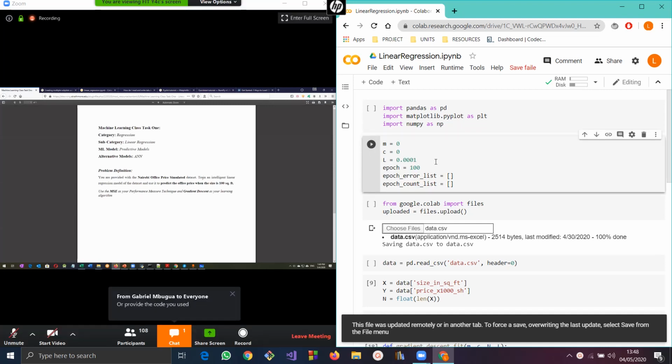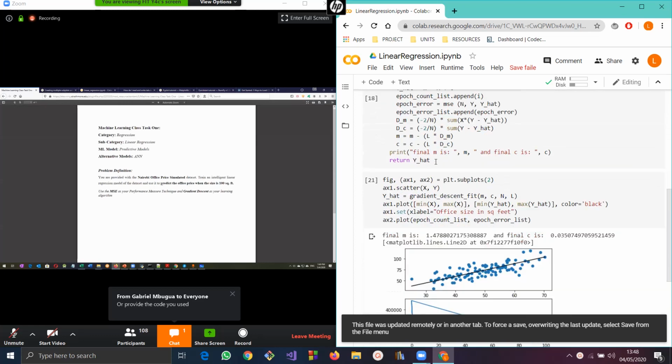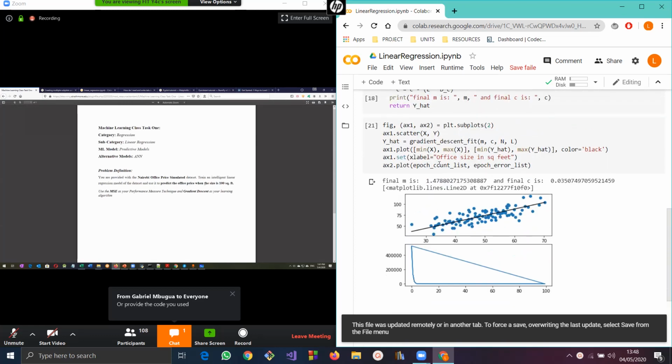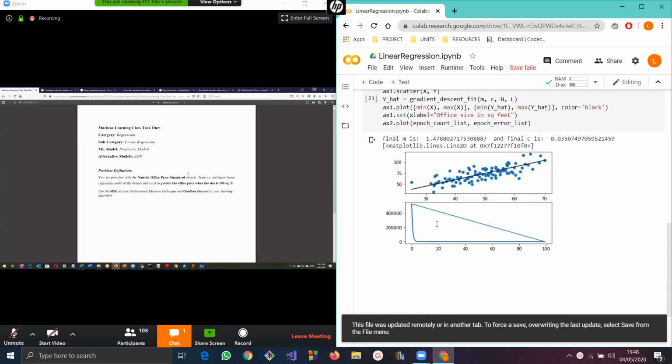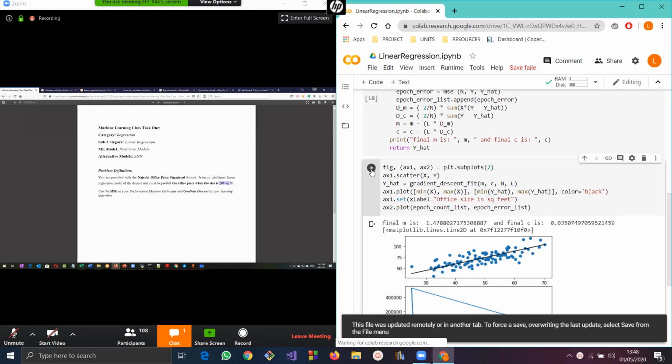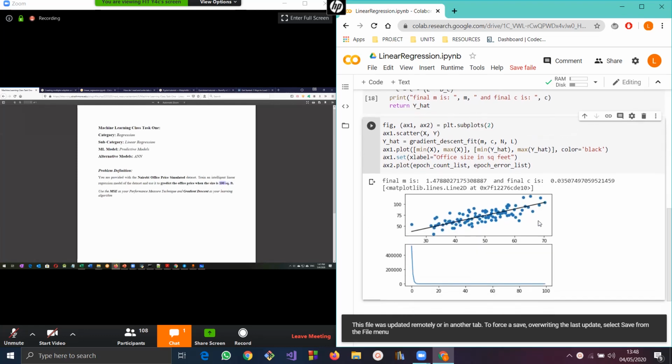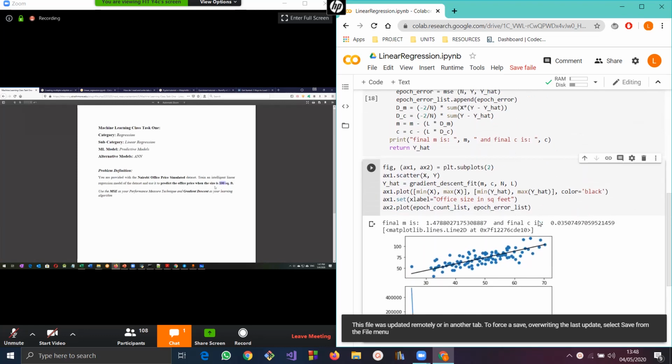Good. So train an intelligence and so on. Predict the office price when the size is 100 square feet. So someone tell me how do we go about this? Okay. So now we have the line of best fit. How do we now predict? Now this is the main reason why we need the model.